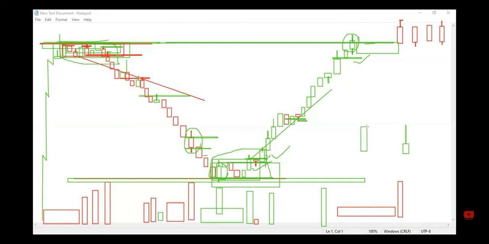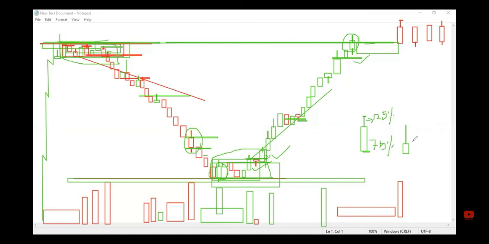The ratio of the total candle is 100%. This wick part is 25%, this part 25%, and its body is 75%. Then it's a perfect one.